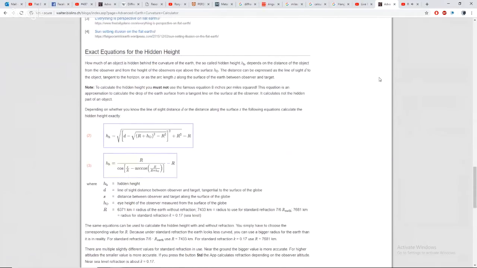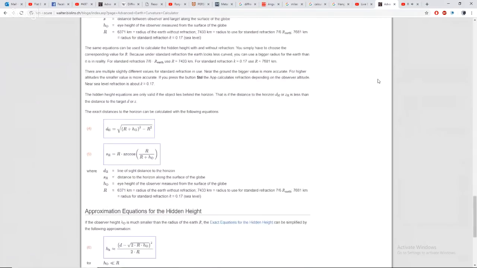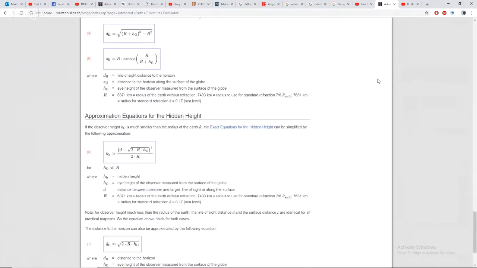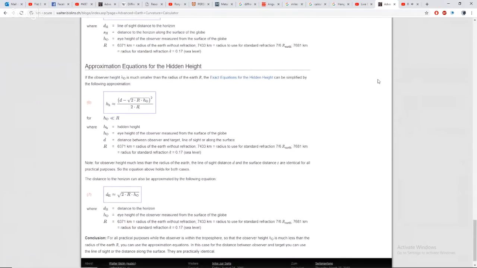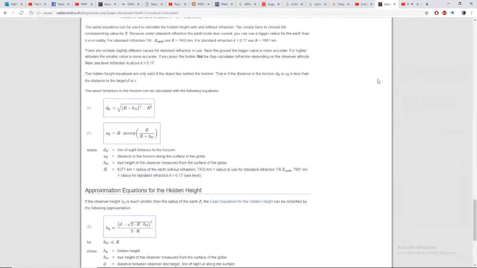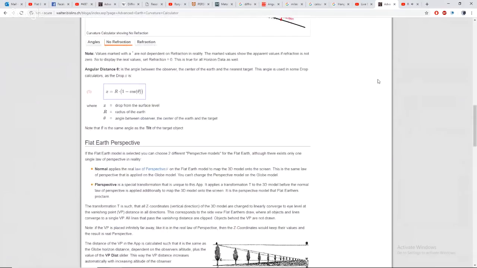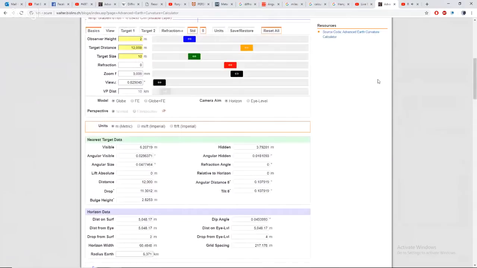That is the whole perspective argument that the Globers and the flat earthers have been having for the past 18 months, that in these curve calculators there is nowhere that says that things are too small to be seen. And yet he is saying that they are, and they are not.